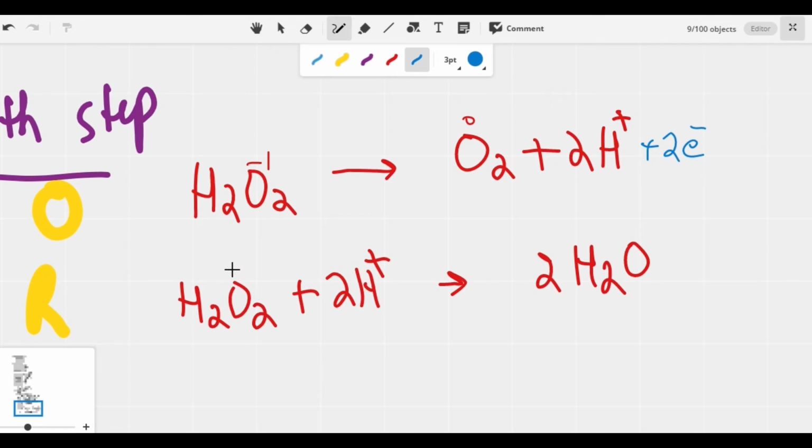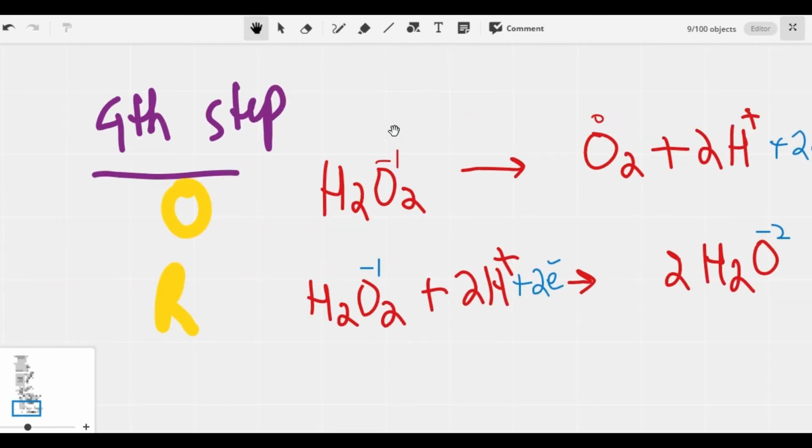But in this case here is -1 and here is -2, so it means that there is a gain, and with the 2 oxygen atoms, it means the addition of 2 electrons. That is the fourth step. Now the electrons are balanced.